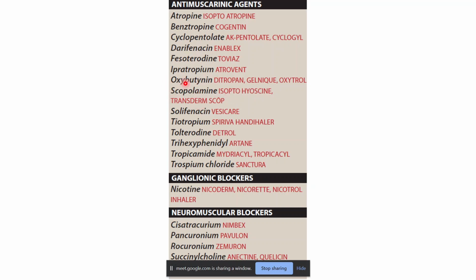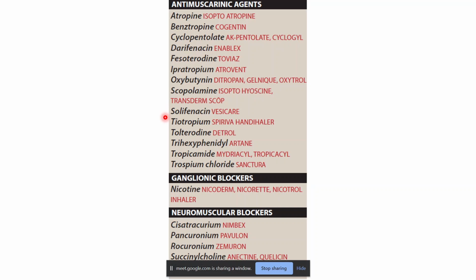So scopolamine is another clinically useful agent, and it is also now available as transdermal patches. Transderm Scop is a brand for the transdermal scopolamine.